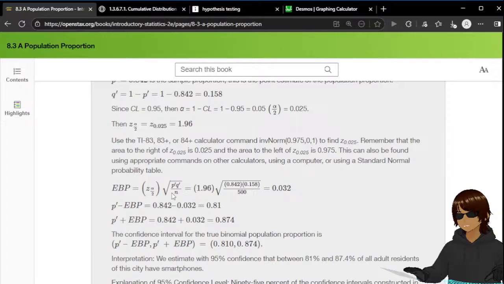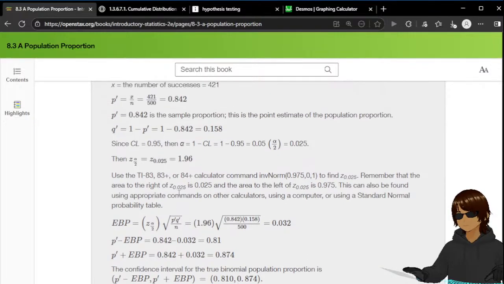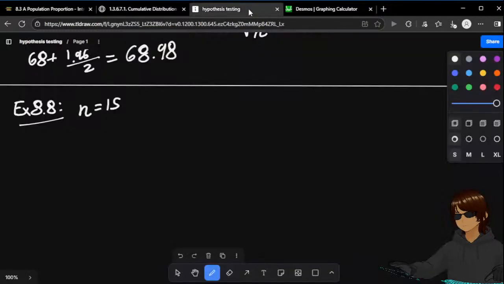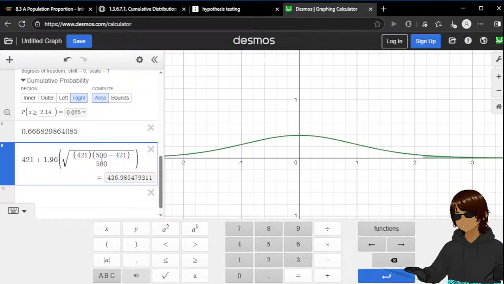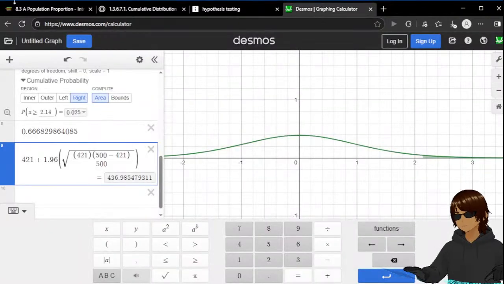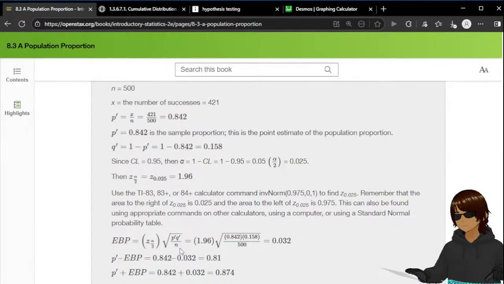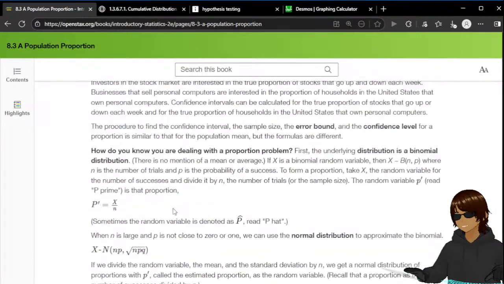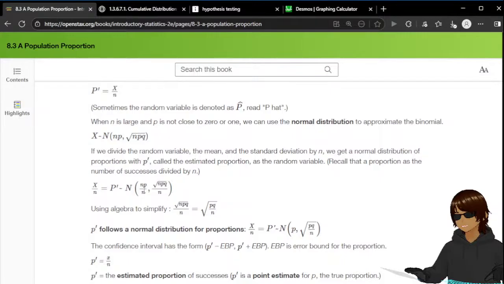EBP is q prime. It's 421 over 500. Q prime, which is 1 minus that. This I understand. Divided by n. Shouldn't it be multiplied by n? Shouldn't it be this?